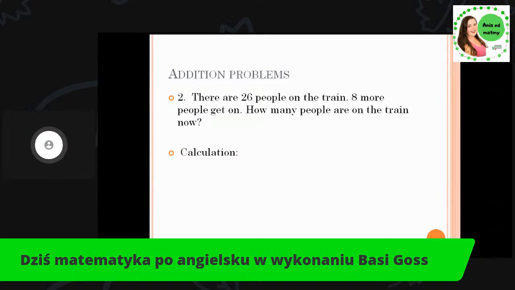Yes, from your comments I can see the calculation is 26 plus 8 equals, and what's the answer for this question?